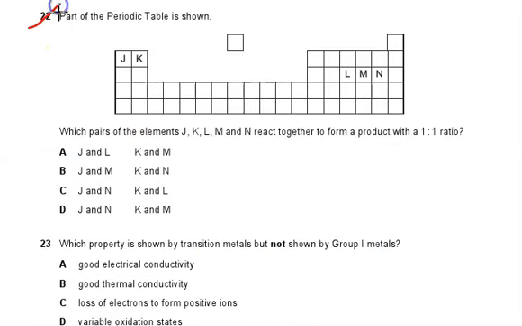Okay, for number 22, part of the periodic table is shown. Which pair of elements J, K, L, M, N reacts together to form a product with a 1:1 ratio? It means that, for example, now we have sodium and chlorine. They will form sodium chloride.